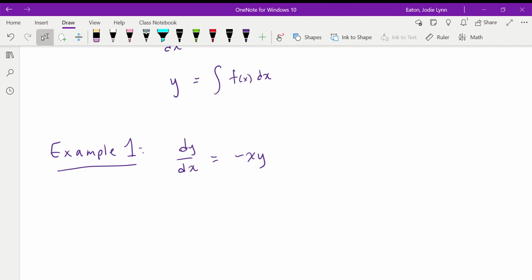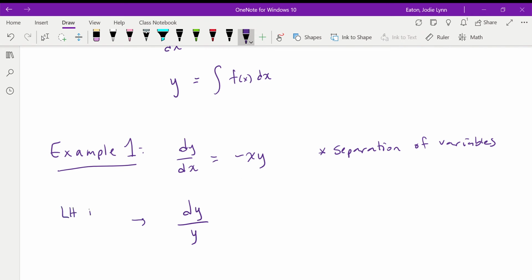Okay, the technique that we're going to use is called separation of variables. We want to get the left-hand side just in terms of y, so we can multiply both sides by dx and divide by y. So the left-hand side is dy over y, so y's and dy's on the left, and the right side in terms of x's.